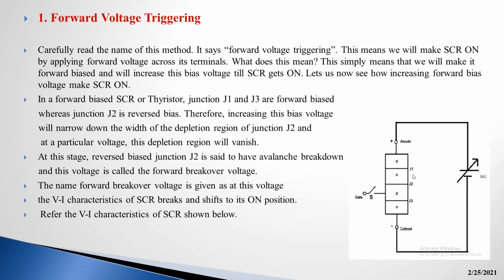For example, take a rated value of the thyristor of 230 volts. How much voltage do we have to apply in this method? Near 7 to 8 times the rated voltage. We have to apply that much voltage, and only then will the thyristor be turned on.